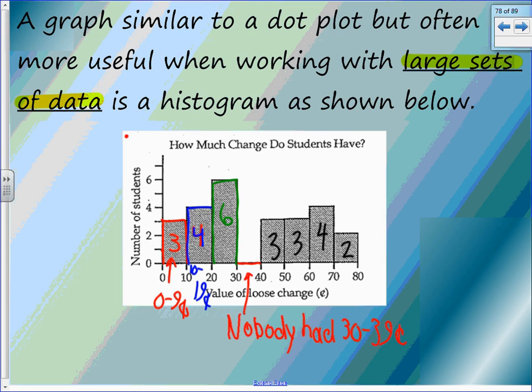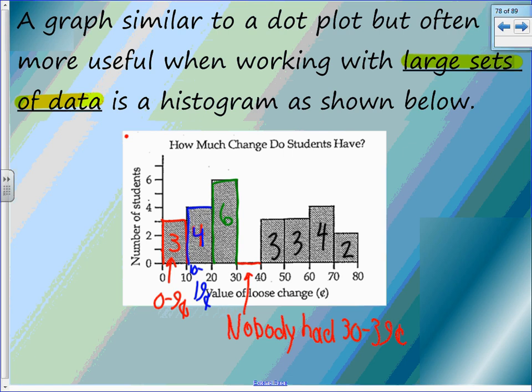And again, we can also do large amounts of data. Think if on the vertical axis we were counting by tens or by hundreds. This could be 0 students, 200 students, 400 students, 600 students. So we can get as big as we want, whereas the dot plots, truly each dot was a person. So that is quite limited.